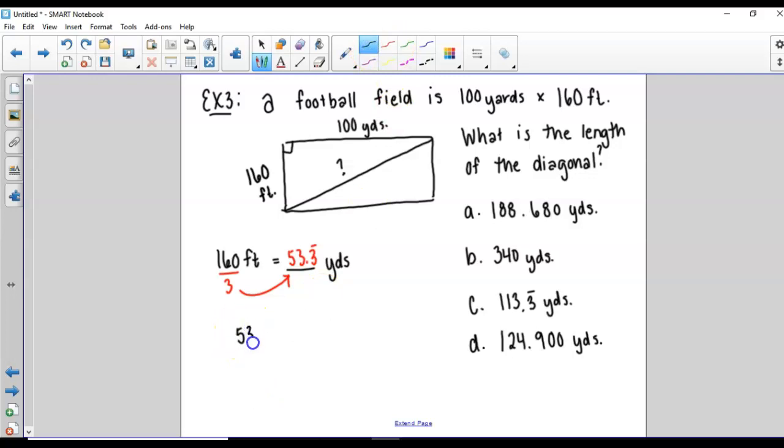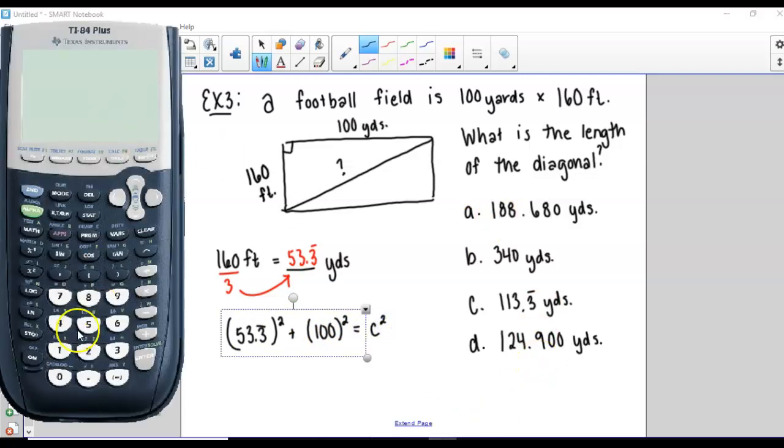So we'll have 53.3 repeating squared plus 100 squared equals C squared. So in our calculator, to do a repeating decimal, you can't really do it. But what you can do is just put lots and lots and lots of 3s, and it'll be close enough.